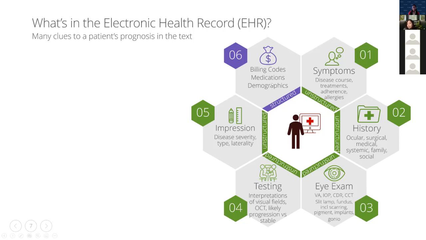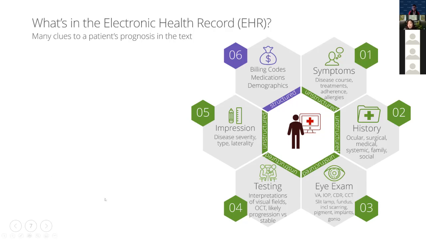Everything in the notes might include the patient, their disease history, family history, some details of their eye exam, their tests, the results of their tests, basically everything the doctor writes about them and their final diagnosis and treatment plan, right? So there's so much information there, but it's not easy to get out of the unstructured text.